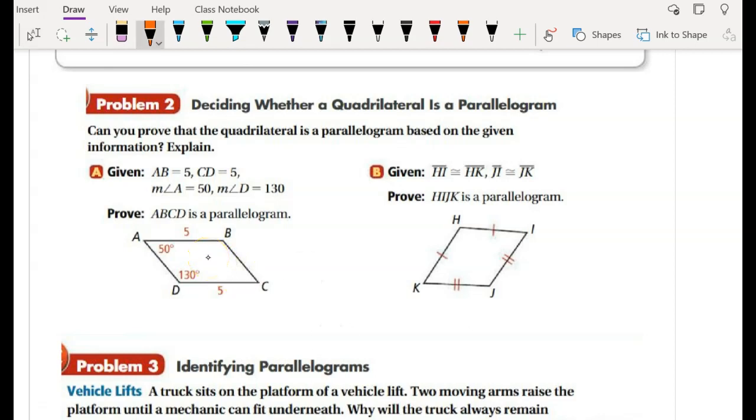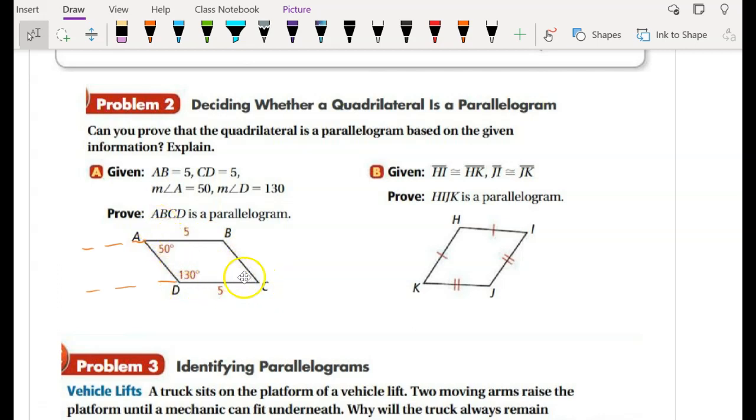Well, let's extend this side out just a bit. We're going to pretend that's straight. So if these were parallel, what would happen with my same side interior angles? My same side interior angles would be supplementary, or equal to 180 degrees, if AB was parallel to DC.